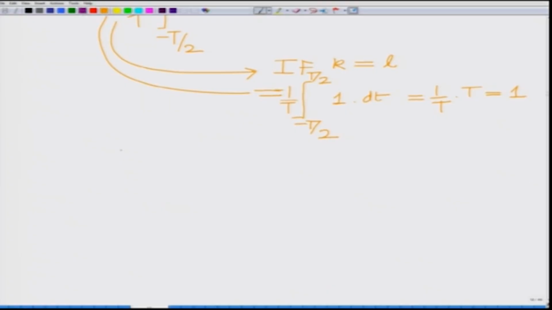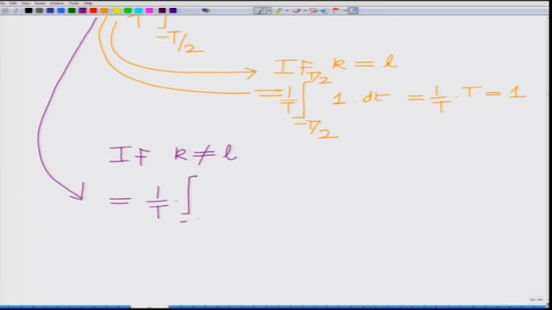Now, if k is not equal to L, that is, k minus L is not equal to 0, then this integral becomes 1 over T, integral from minus T by 2 to T by 2 of e to the power of j 2 pi (k minus L) f naught t dt.